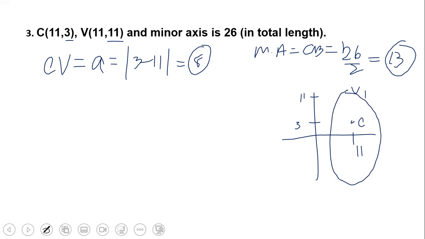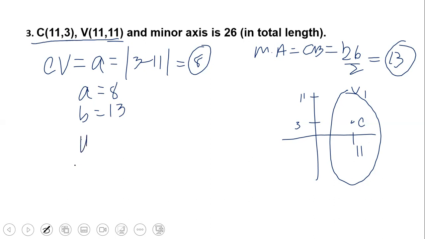Okay, so you also have the following parts. So a is equal to 8 and b is equal to 13. Since this is an example of a vertical ellipse, it is not horizontal, based on the given series of points. So, this is an example of vertical again.